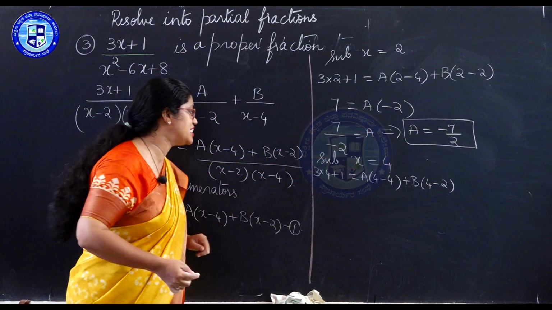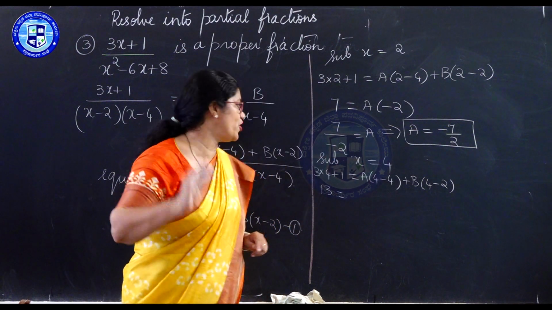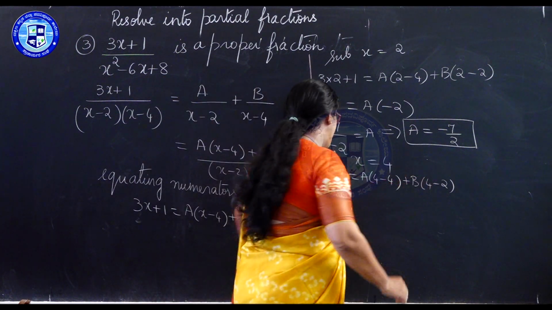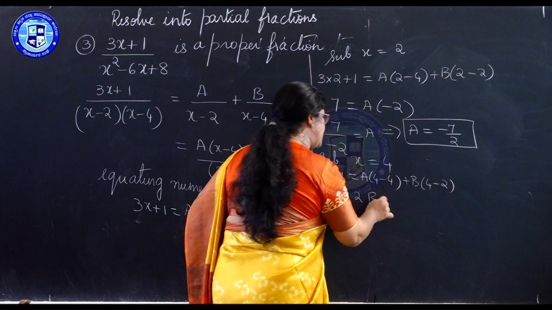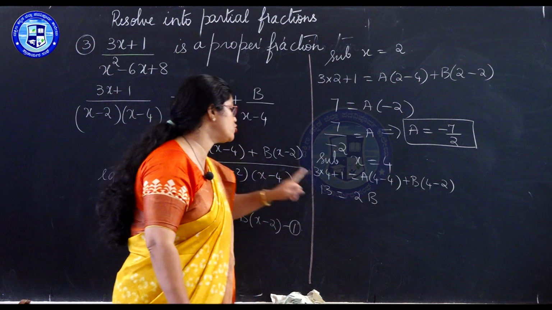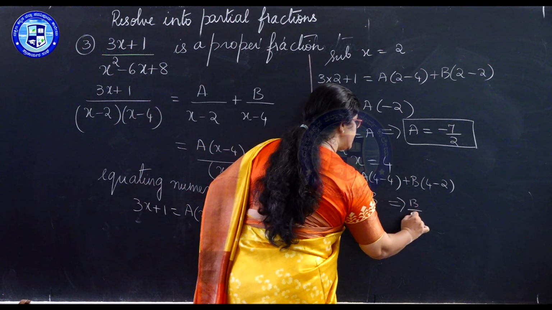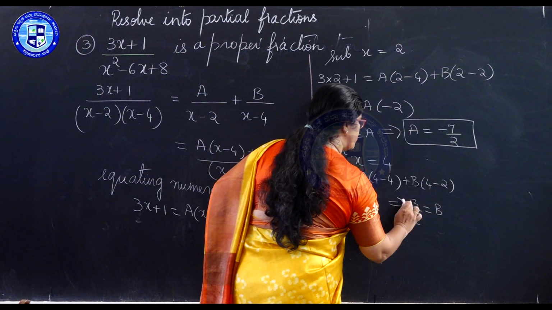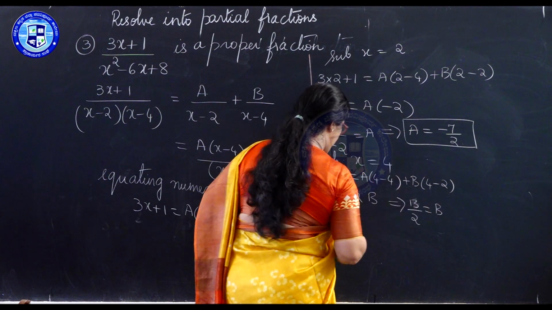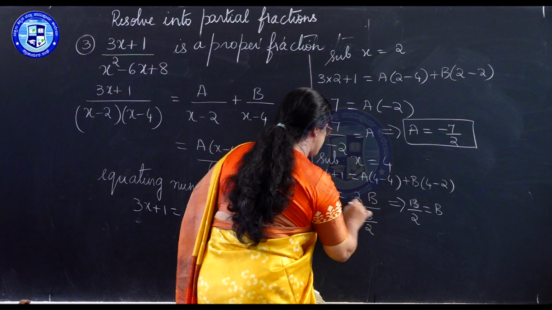Here this becomes 13, a is gone, now only b is left, 4 minus 2 is 2, so 2 into b. But I want the value of b, so from here I get 13 by 2 is equal to b, or I can say b is equal to 13 by 2.